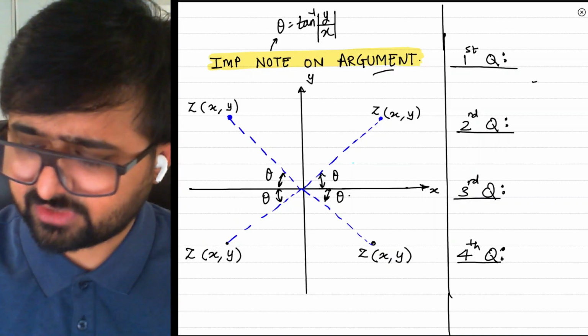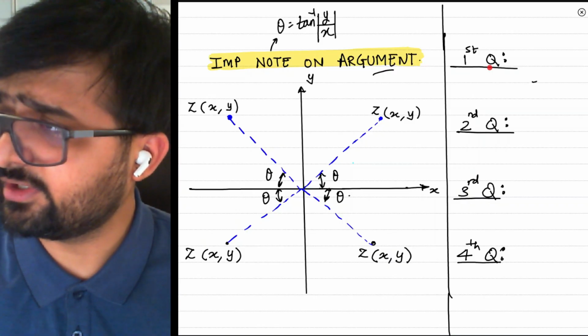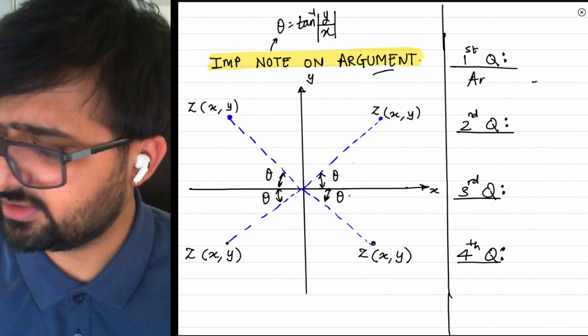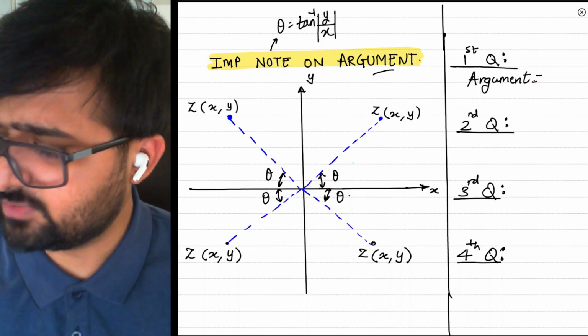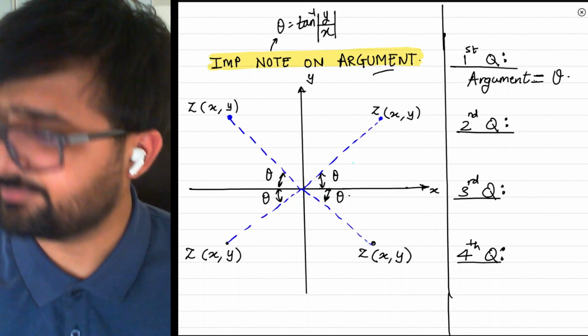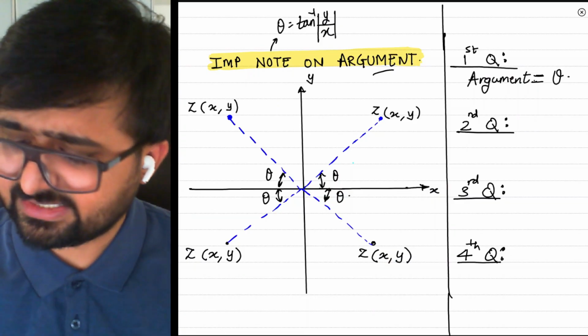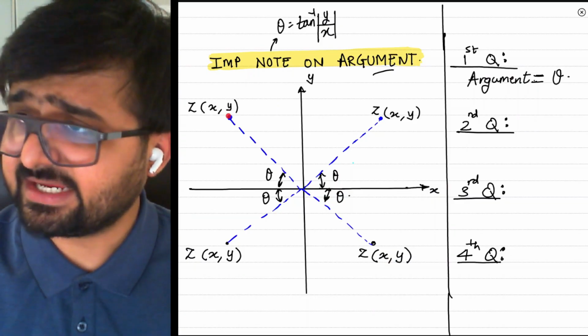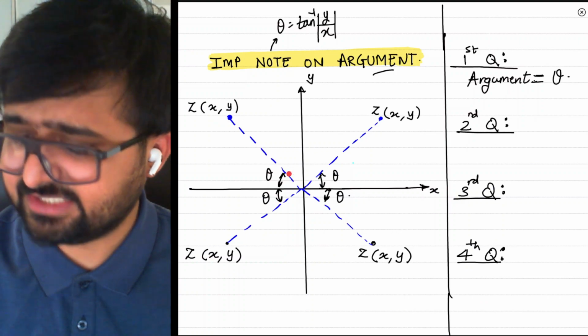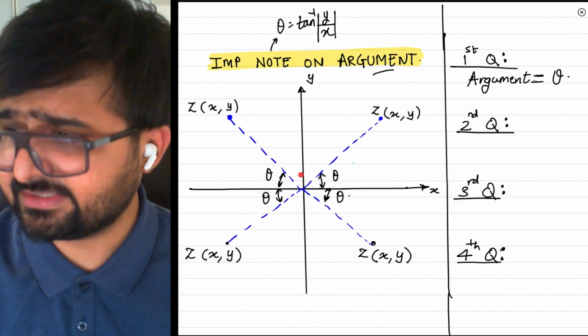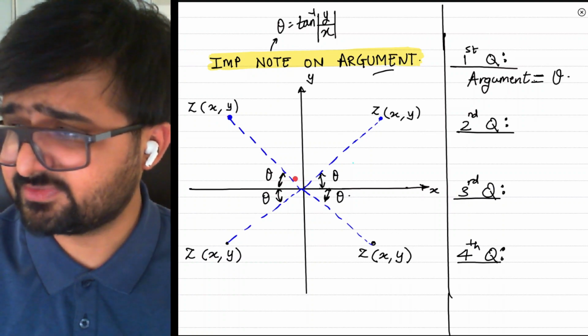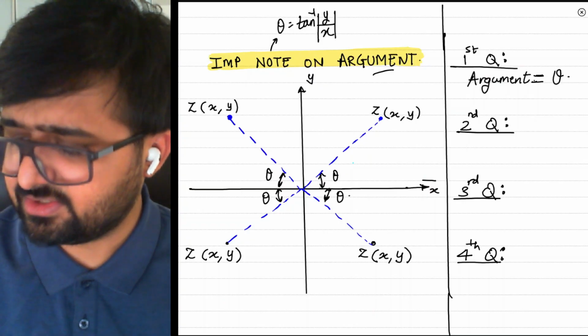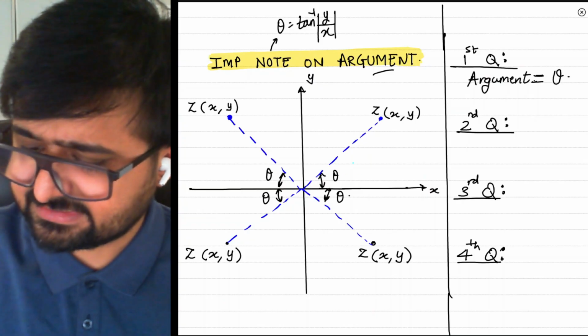Now let's see what your argument is. We already know in the first quadrant, argument is equal to theta. Let's look at the second quadrant. In the second quadrant, the argument is the angle that this line OZ makes with the positive x-axis.